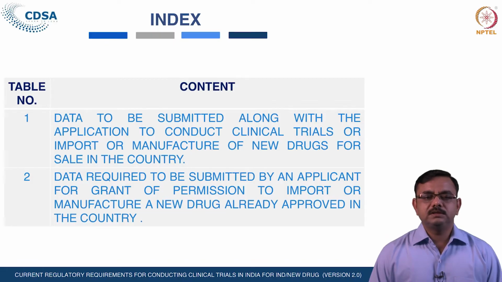The third is regarding data required to be submitted by an applicant for conduct of a clinical trial of an approved new drug with a new claim, new route of administration, new indication or new dose form. So we will see in this table what data are required for a drug already approved in the country.